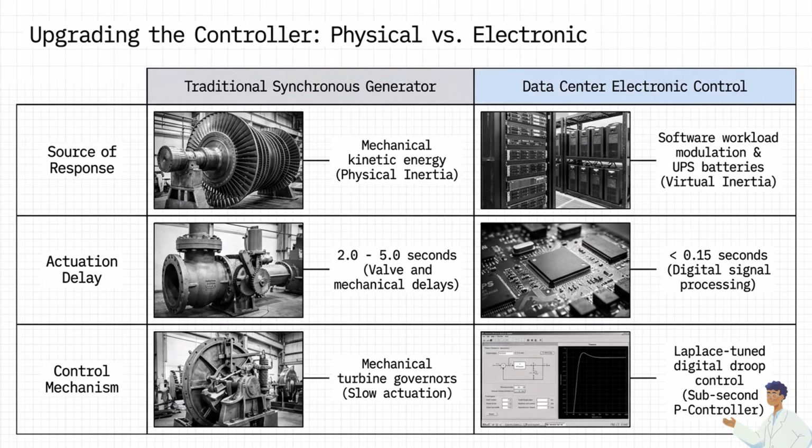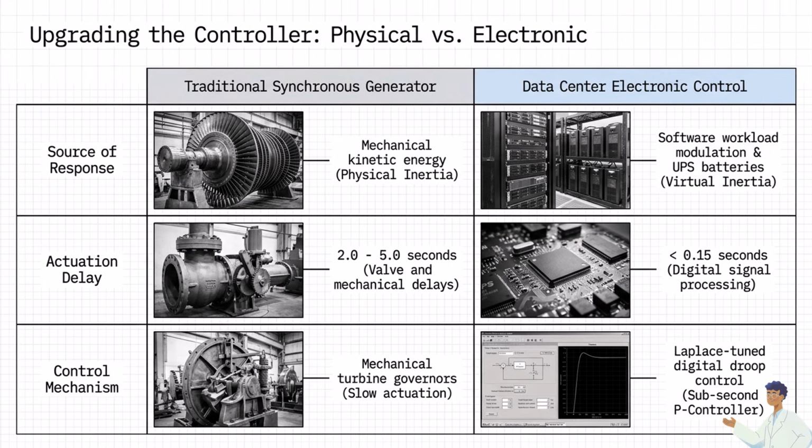When frequency drops, mechanical turbine governors slowly open valves to generate more power. This actuation delay takes about 2 to 5 seconds. In a low-inertia grid, 5 seconds is too late.